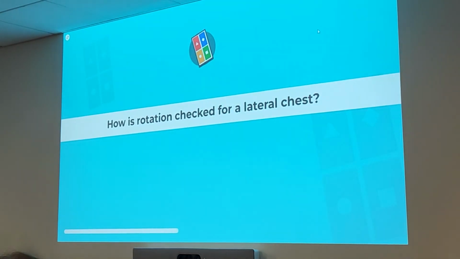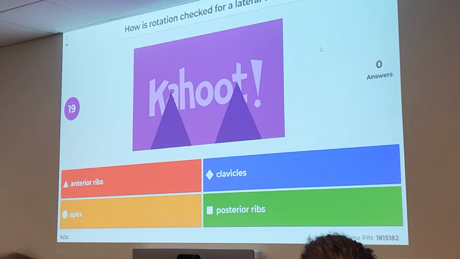Alright, how is rotation checked for a lateral chest? It's about looking at the image.